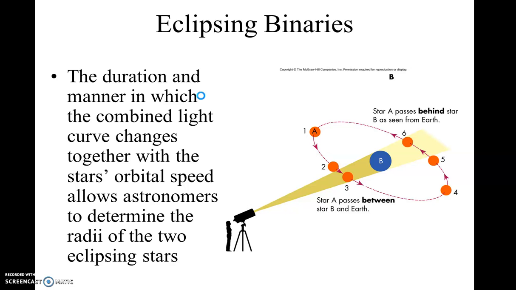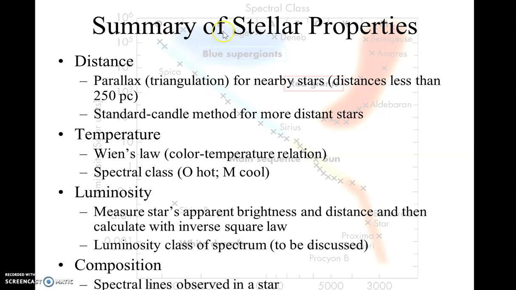All right, so let's go over these. This is just kind of a summary of the chapter. Using distance, we directly measure distance using the method of parallax. That works out to about 250 parsecs, which, we actually have technology now that allows us to go further than that.